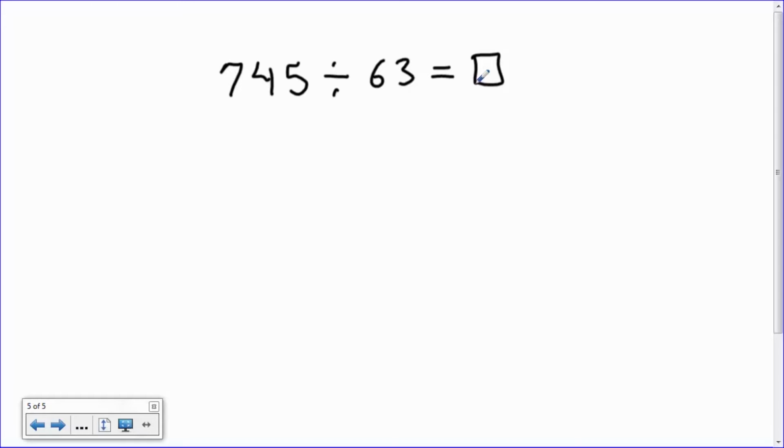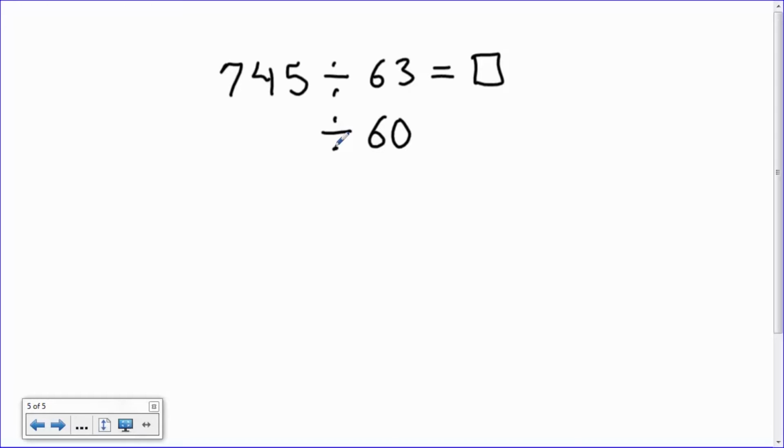So here's 745 divided by 63. This is not a compatible pair. So what I want to do is modify this division problem so it actually becomes a compatible pair, and I want to keep the numbers relatively close. For example, if I were to make this a 60 instead of 63, I want to modify the dividend in such a way that it's easily divisible by 60.